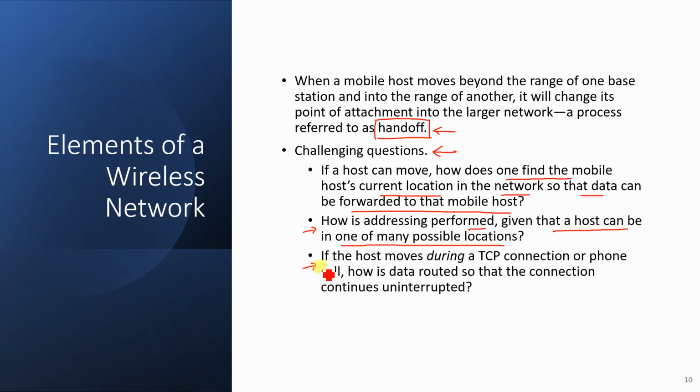And the last one to think about: if the host is moving during a TCP connection or a phone call, how is data routed so that the connection continues uninterrupted? Just think about these questions, because this is the introduction class about wireless networks. We are going to answer all these questions in subsequent lectures.